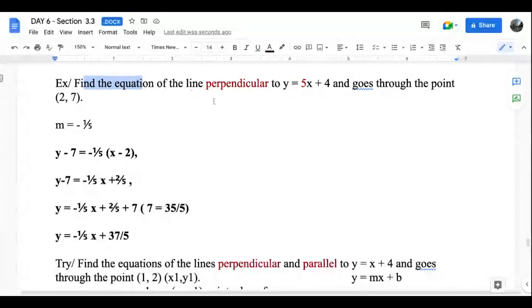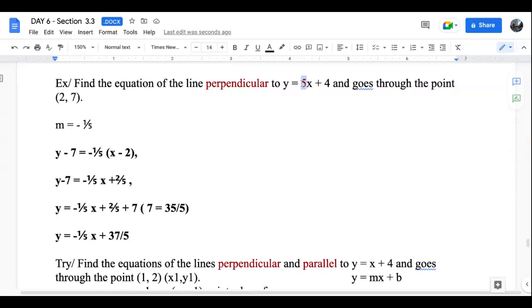Find the equation of the line perpendicular to this one that goes through this point. Well, m equals negative 1 over 5. Why? Because it's the opposite inverse of 5.